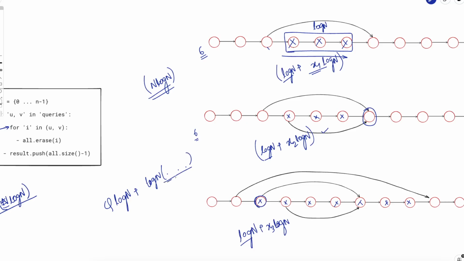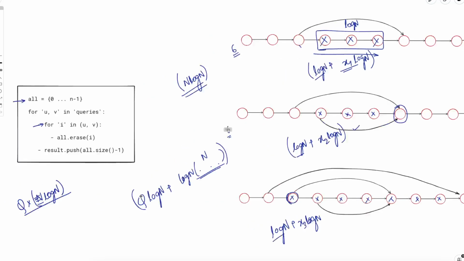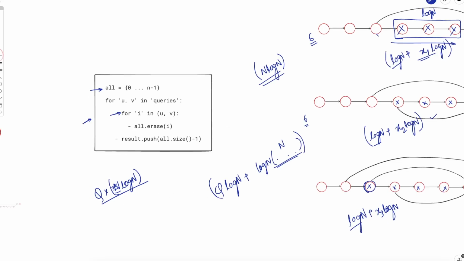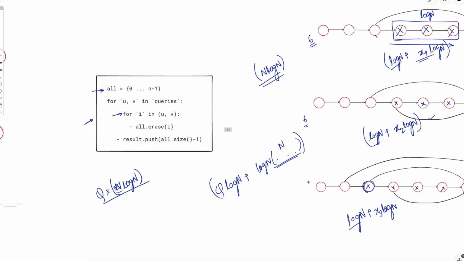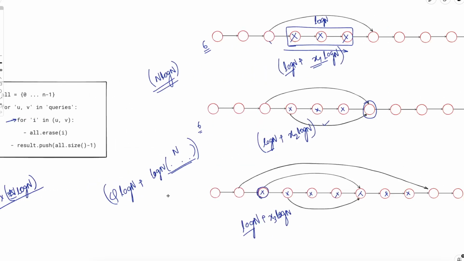And this entire thing sums up to n, because you can't do more than n deletions anyways. So overall complexity is (q plus n) log n, which is sufficient to pass the given time constraint, right? So we had q times n log n, and now you are saying that you have (q plus n) log n, right? So hope this entire thing is clear.